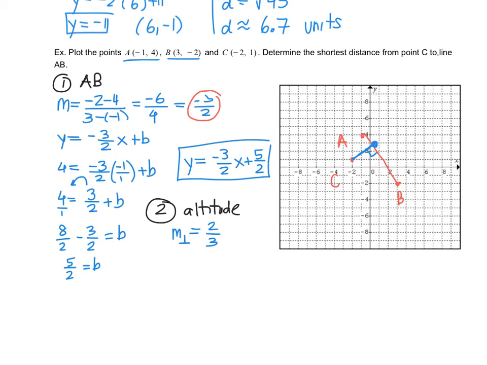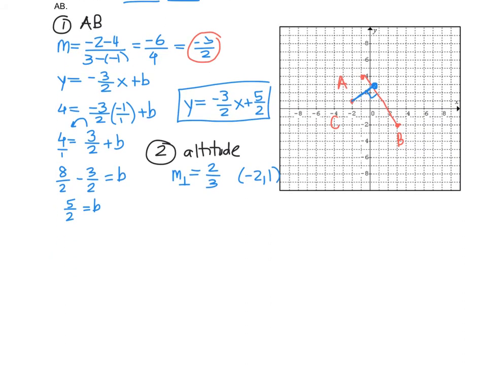The only point that I know is on my altitude is point C, which is negative 2, 1. So I'm going to do y equals mx plus b. So y equals 2 over 3x plus b. I put my 1 in for y. I'm going to put negative 2 in for x, but I'll write it as negative 2 over 1. Then multiply your numerators to get negative 4, and multiply your denominators.